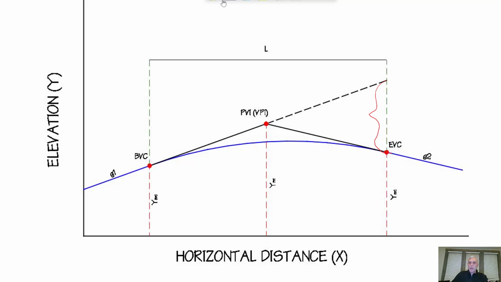If we can use this distance, so I guess we would call this the elevation of the EVC, and the vertical distance between the EVC and the projection of the EVC up to the line, which is the extension of G1.